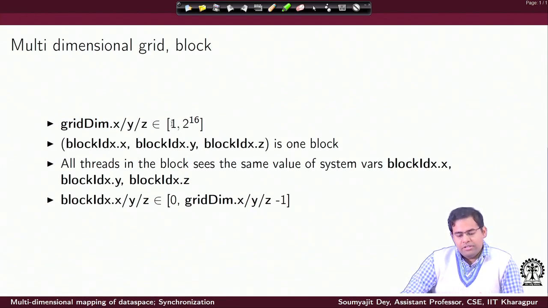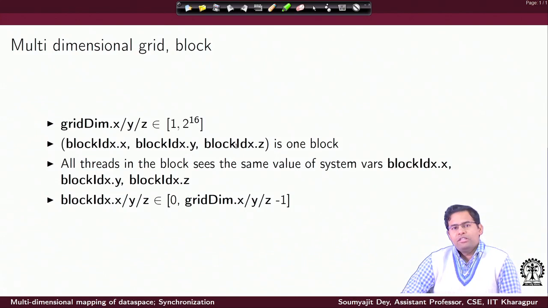These values can range from 1 to 2 raised to the power 16. That is the maximum dimension of the grid allowed in each of the 3 axes. So, for each block we will have these 3 block ID variables providing that block's actual ID in the 3D packing of blocks.